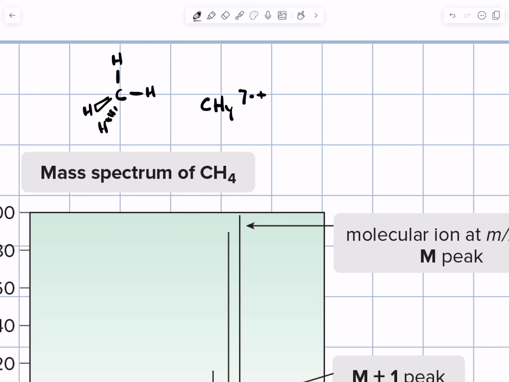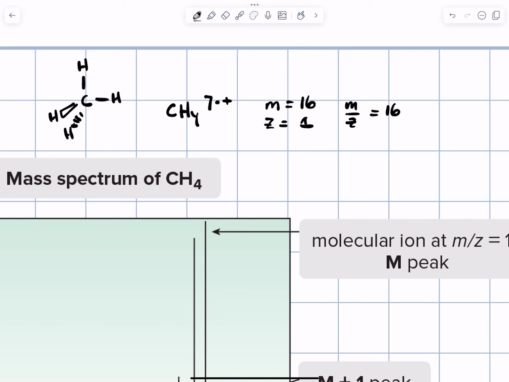But the mass of methane you can calculate, in terms of molecular weight, we're talking about 12 for carbon and 1 for each hydrogen, so we expect 16. And if the charge is 1, we expect an m/z ratio of 16. That's for the peak that is this radical cation of methane.